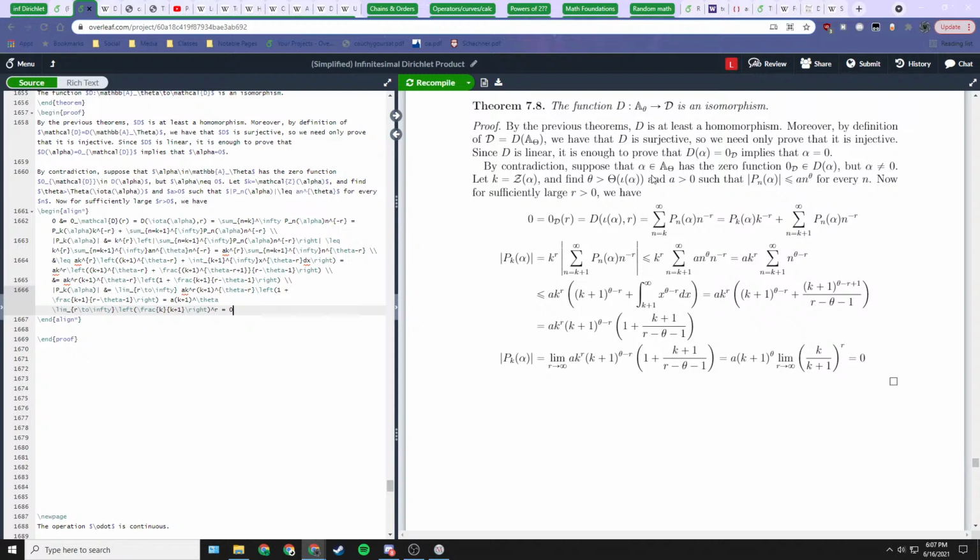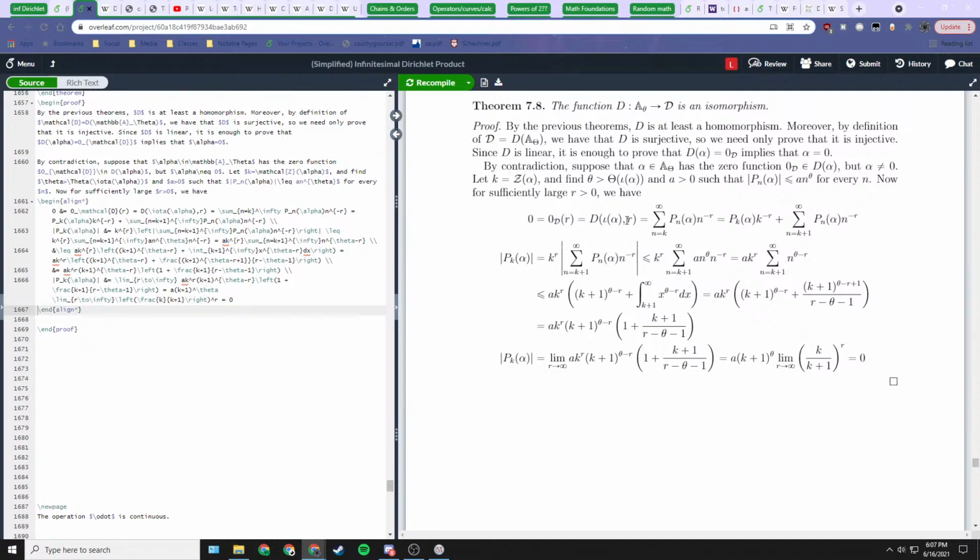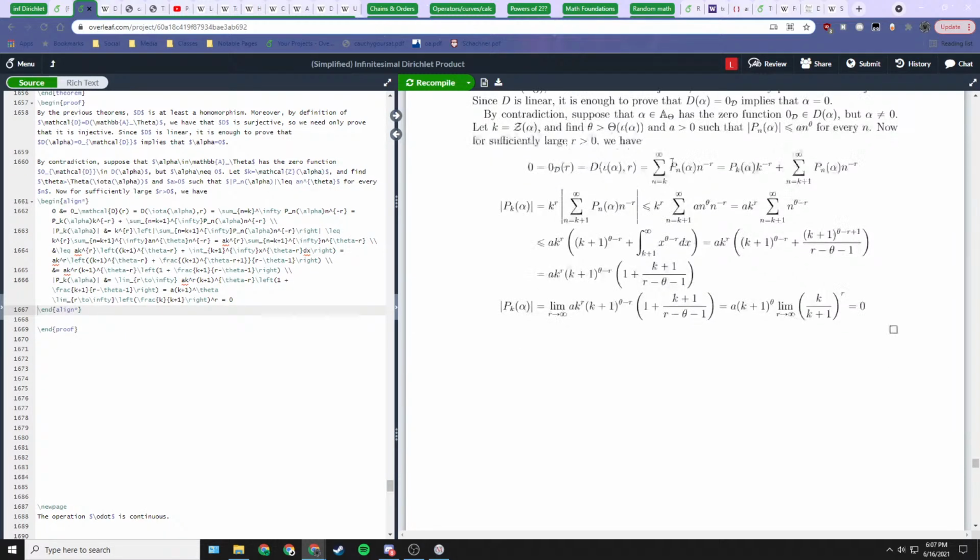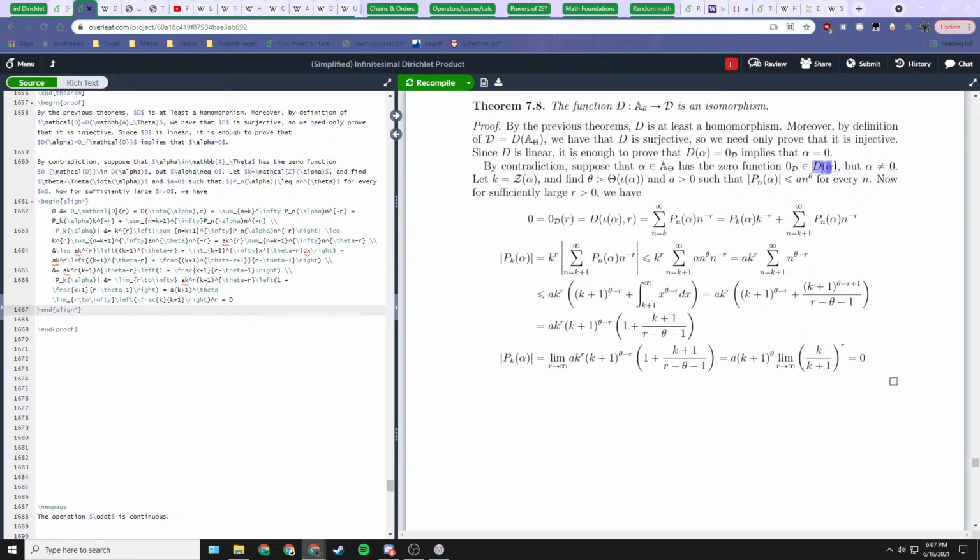Let me double check this. So we start with this. We have 0 is just the 0 function at r, which, by premise, this 0 function is in D alpha. So 0 is the 0 function at r, which is just this D alpha at r, which is this summation by the Dirichlet series. We then pull out the lowest term, because we have z of alpha is k.